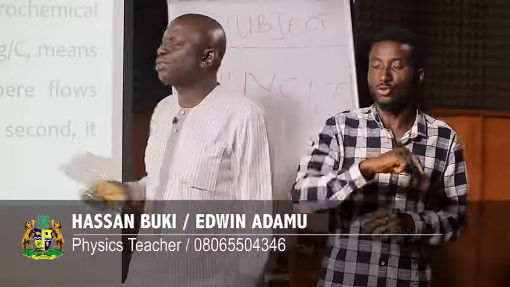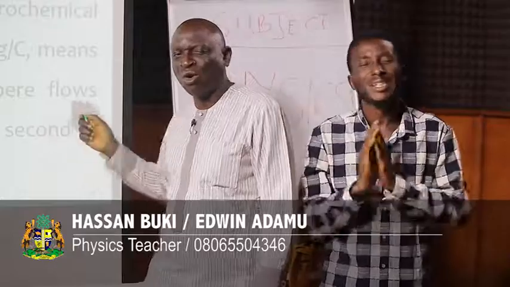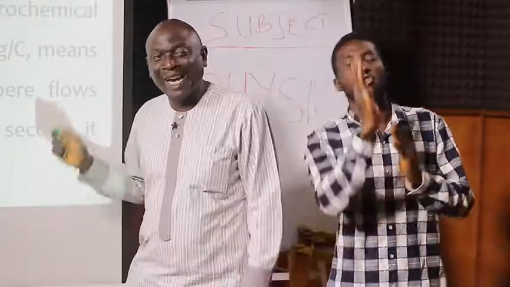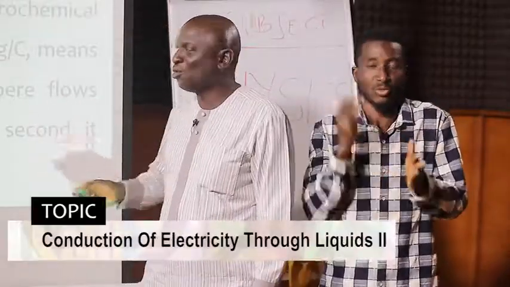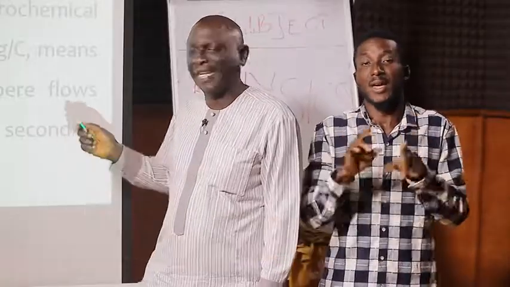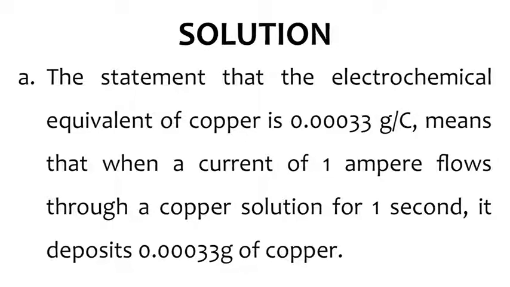Now, if we look at the question, it is asking us how long. That means the time it will take. So what we are asked to find is time. Solution.